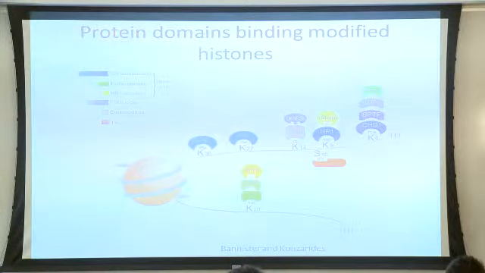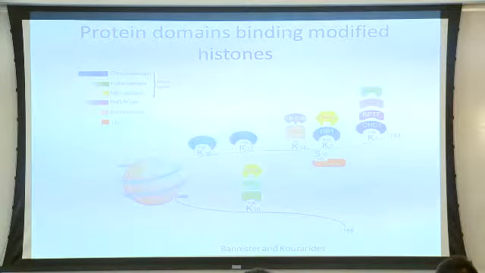So the chromodomain proteins, for example, are involved in the binding of methyllysine and so on. The bromodomain proteins are involved in the binding of acetylated lysine and so on. So this is how the histone code, if you will, or the modifications of histone, are translated into biological functions.